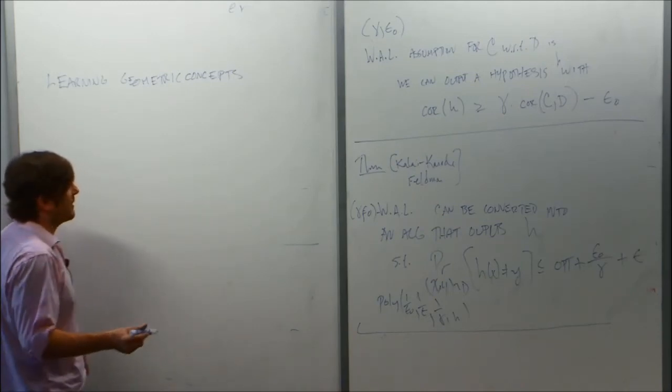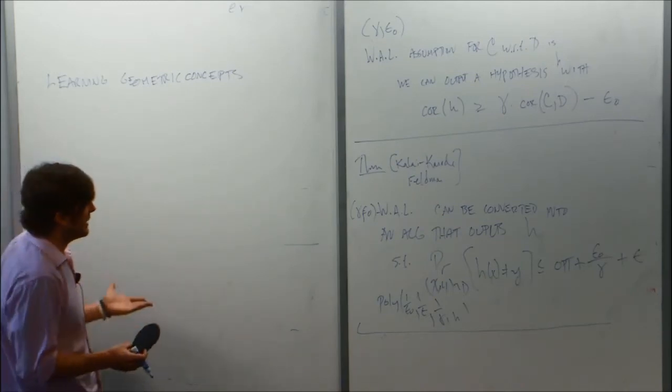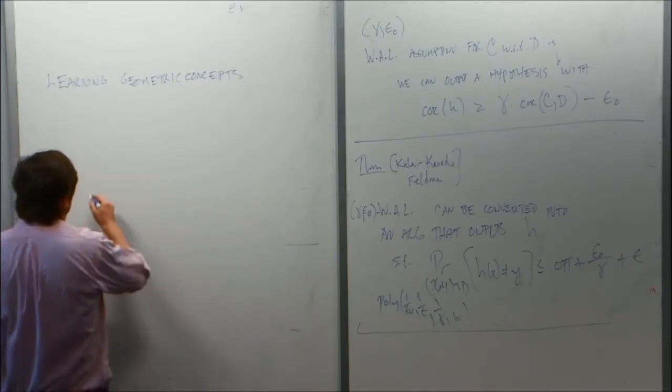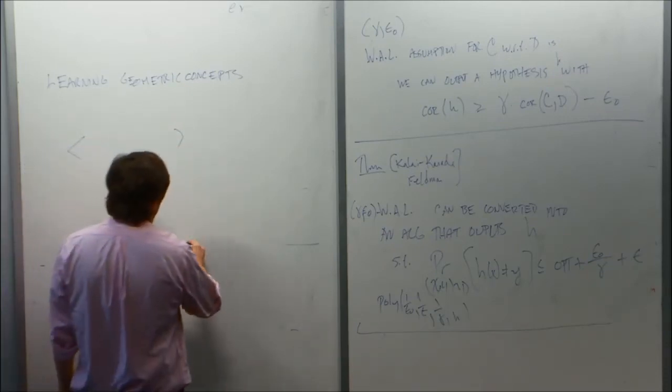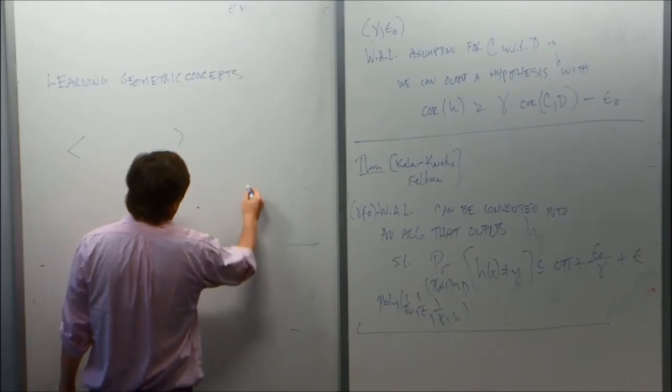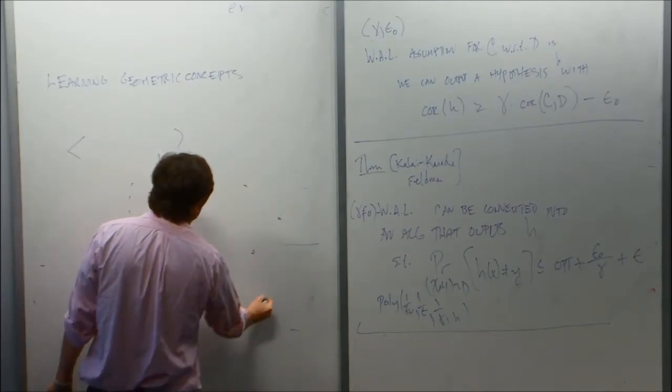Another common thing that applied machine learning people or data mining people do is they'll take a sequence of random examples. They'll view these labeled examples as points in R^n.